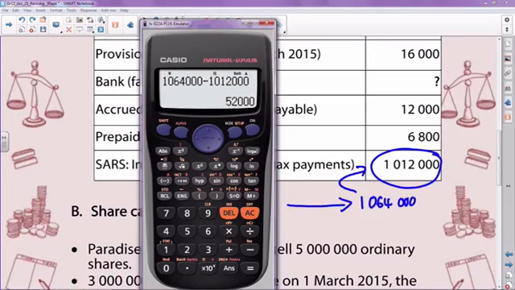In other words, the amount that was payable to SARS was greater than your provisional payments, and as a result of that, you now have a liability to the value of 52,000 rand.